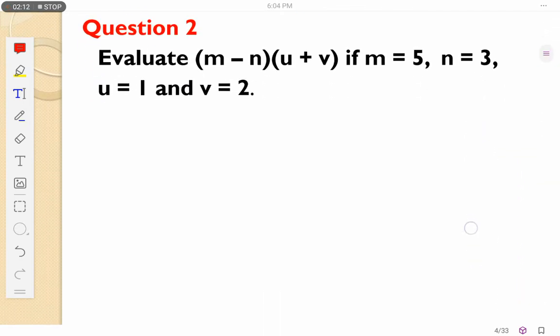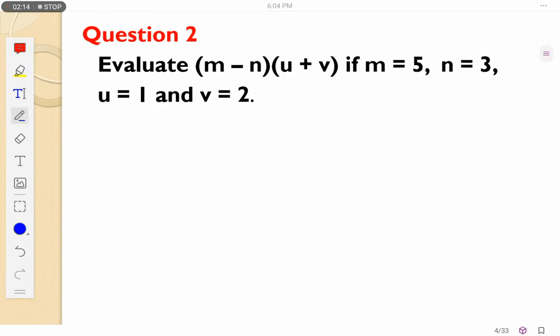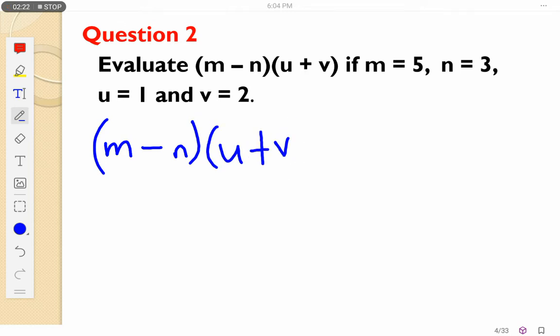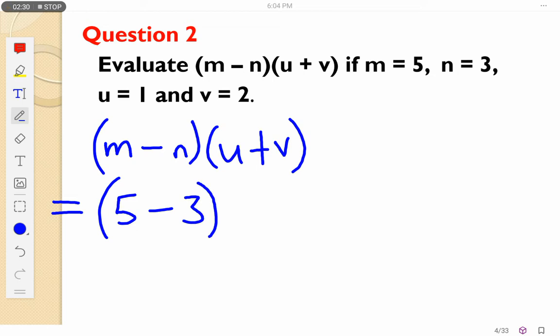Now let's have another example. We'll write our equation m minus n by u plus v, and we now substitute the elements that we are given. Our m is 5 minus our n is 3, then our u is 1 plus our v is 2.